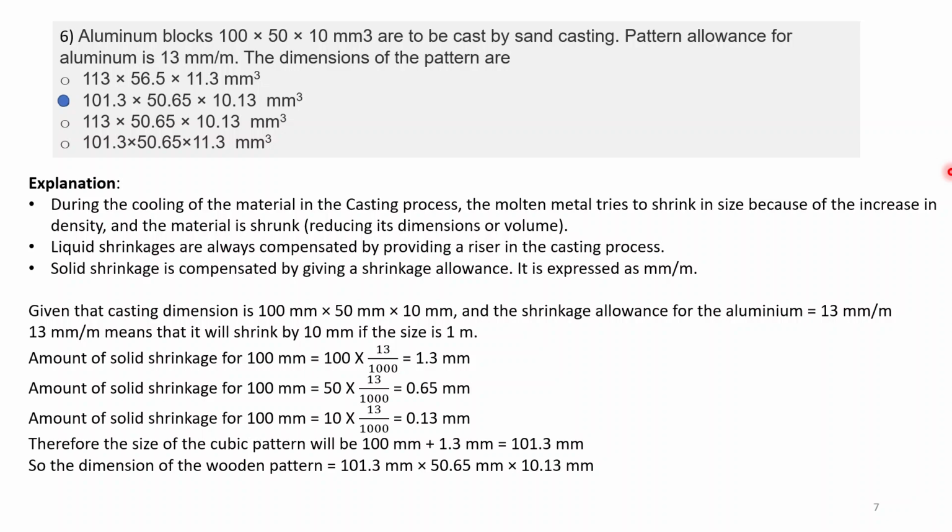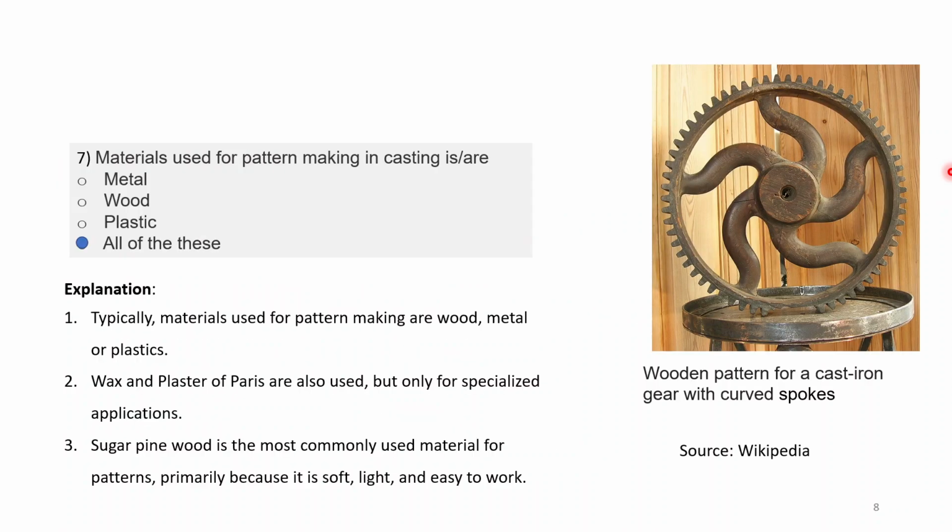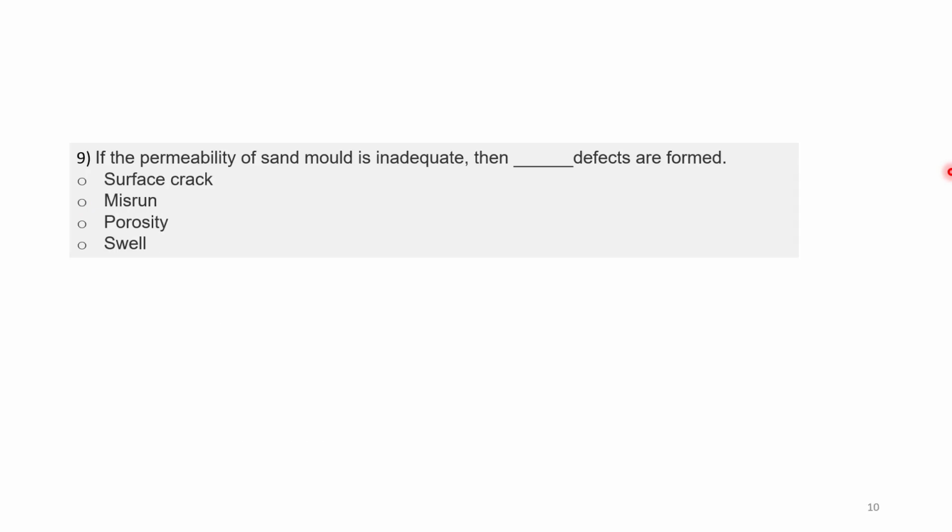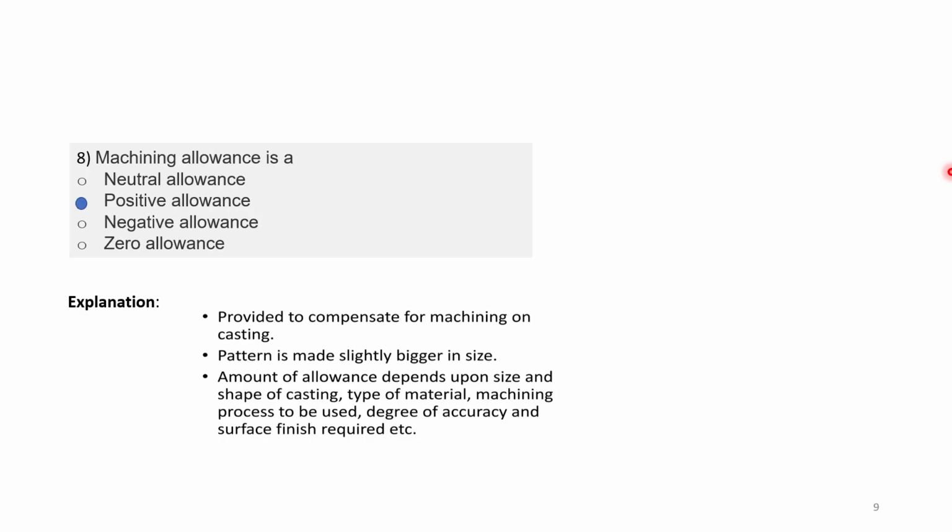Next question is, material used for pattern making in casting is or are? Your answer will be all of these. Metal, wood, plastic, wax, plaster of Paris, sugar pine wood, all these are used as pattern material. Next is, machining allowance is a positive allowance.